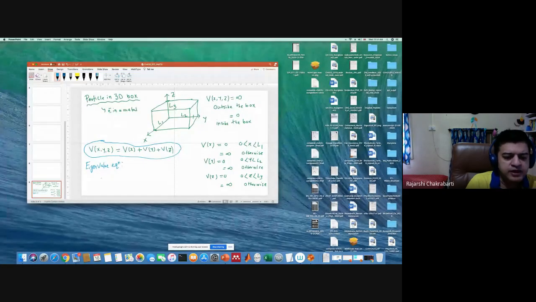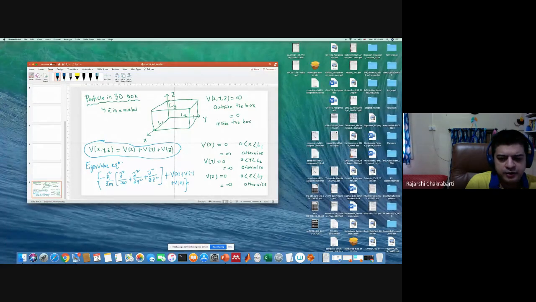What is the eigenvalue equation? I have an eigenvalue equation like h cross square by twice m. This is in three dimensions, so my kinetic energy operator will have this one, and then the whole thing will be plus a potential which is given by this, which is Vx plus Vy plus Vz.